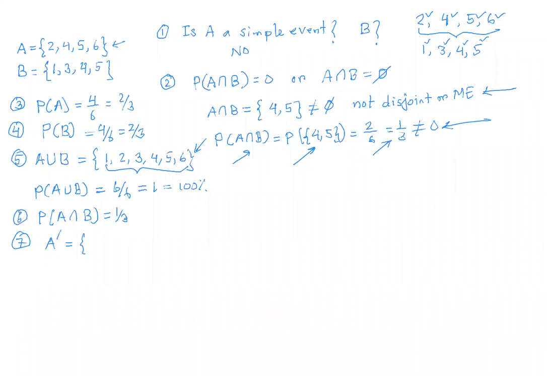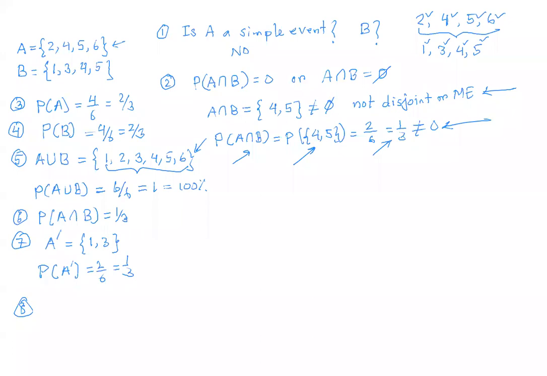Is that all? 1 and 3. So the probability of A prime is 2 out of 6, or 1/3.